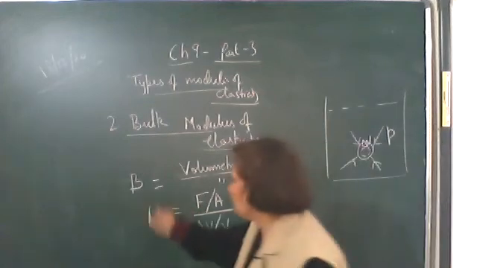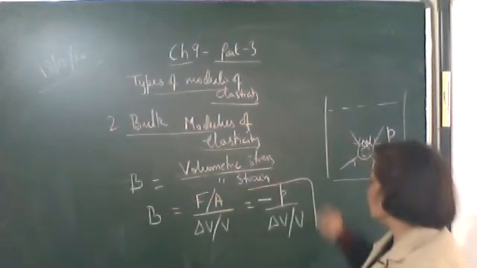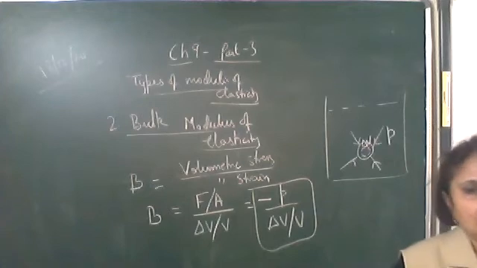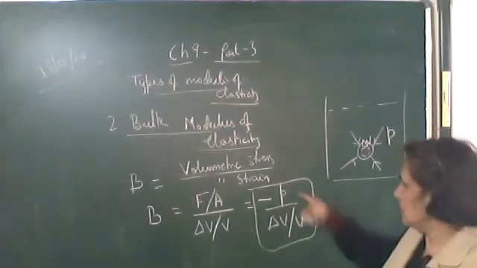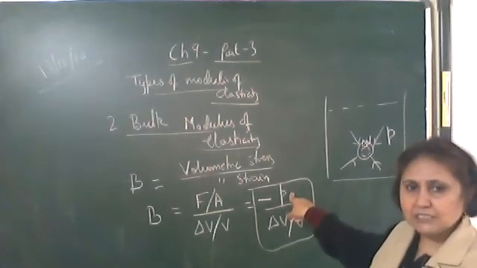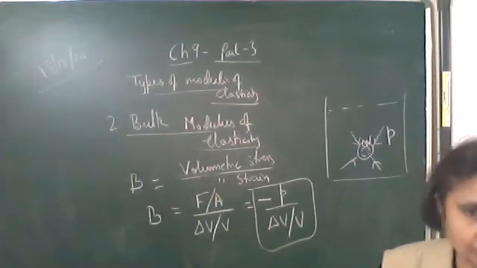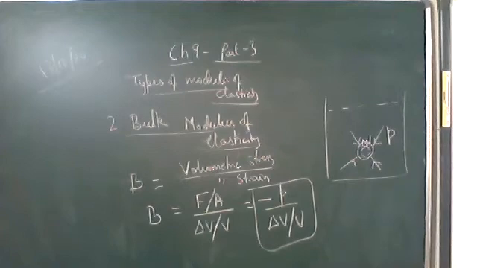So the bulk modulus of elasticity is given by the expression B = minus P upon delta V by V, or you can take this V over here: minus PV upon delta V. As you wish, you can write it down. So note it down. Bulk modulus of elasticity: within the elastic limit, the ratio of the volumetric stress to the volumetric strain.